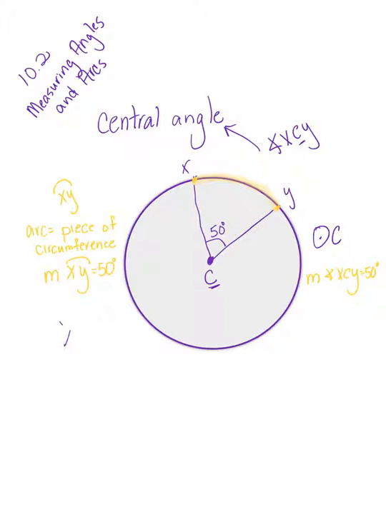Now, XY is that intercepted arc because it's the piece, it's the arc or the piece that angle is, as I said in class, biting off. It's like a Pac-Man biting out of the circle. So XY is my intercepted arc, and the measure of the intercepted arc is equal to the degree measure of the central angle.